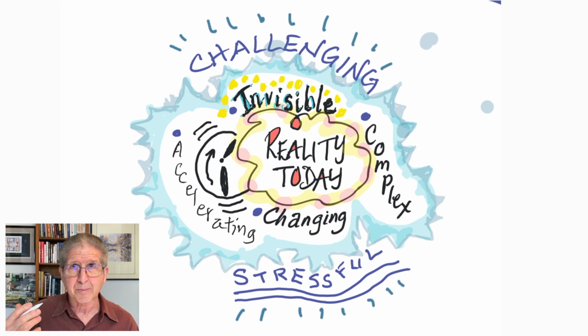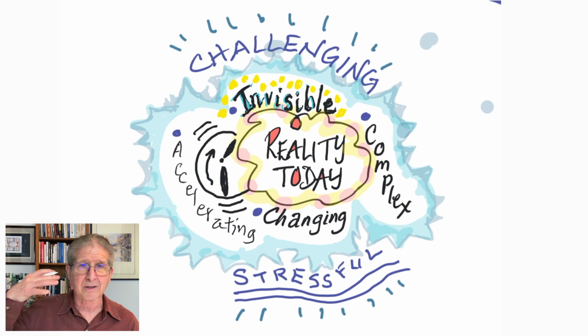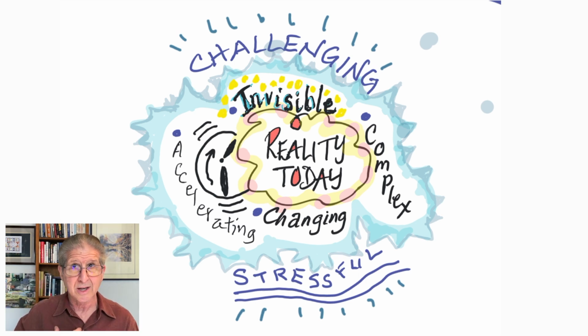So we depend on screens and pictures that other people generate to show us the flow of money, what's going on in our bodies, politics and climate change. And there's just so much about our world today that affects us that we have to deal with, that we can't see directly with our own eyes.